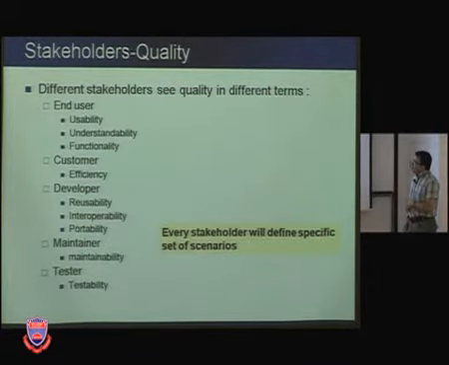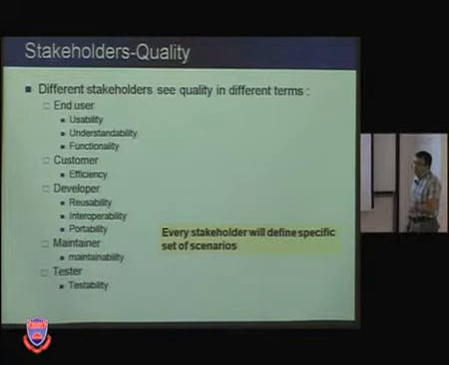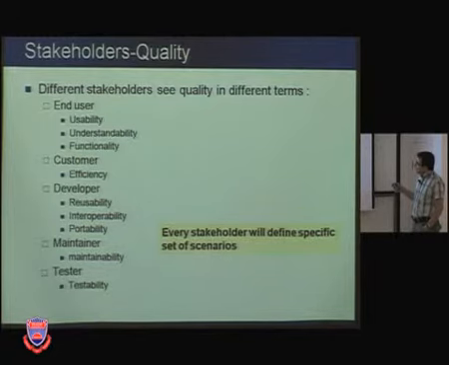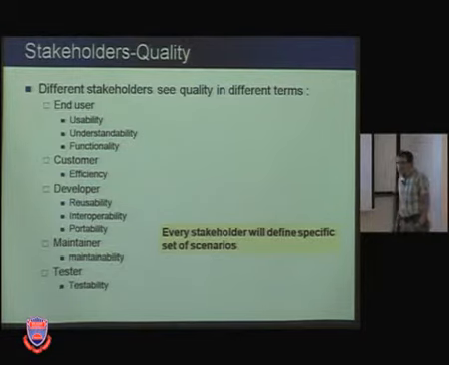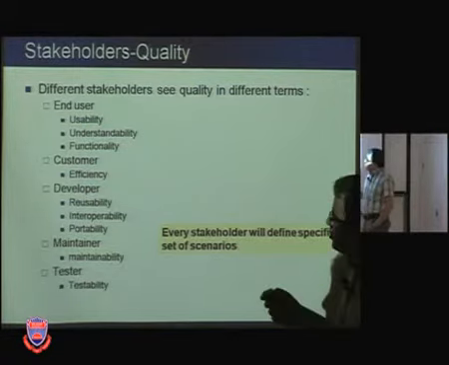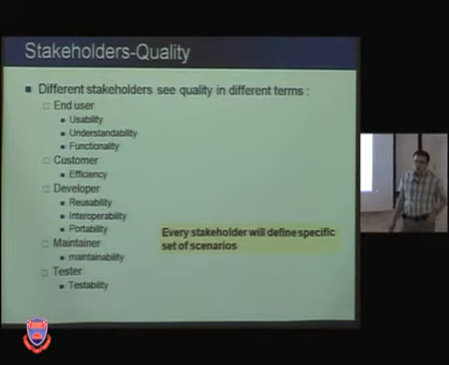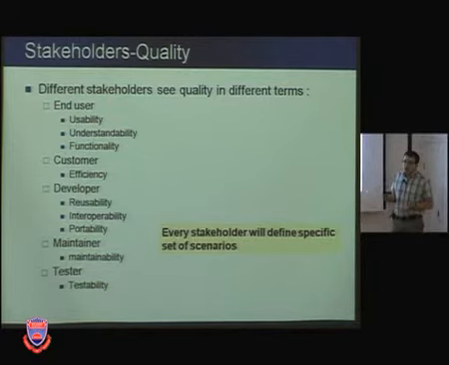Every stakeholder has different concerns, which are the driver of the architecture, as we have said several times. And different stakeholders see quality in different terms. If we take the end user, the concern could be usability, understandability, functionality.